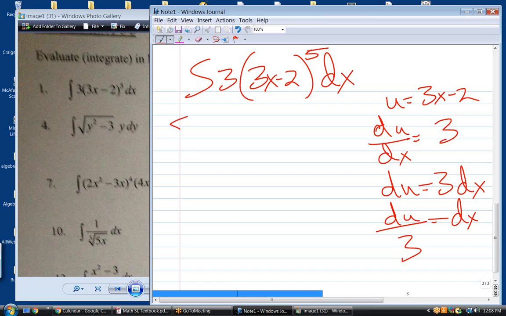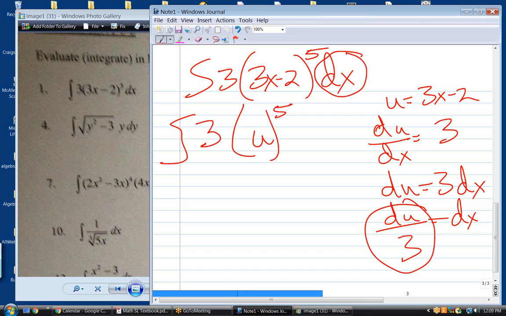So now this integral becomes 3 times u to the 5th, and in place of dx, I'm going to substitute du over 3. And now the 3's cancel, and I have an integral that I can do. What's the integral of u to the 5th du?